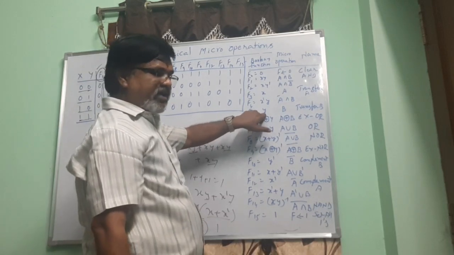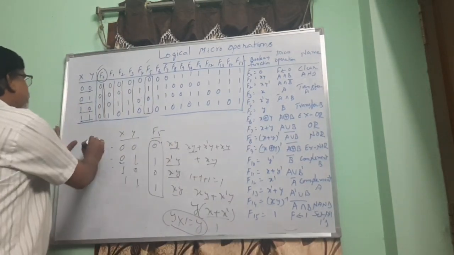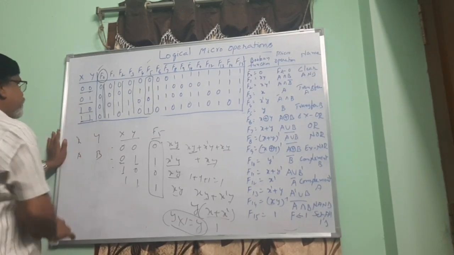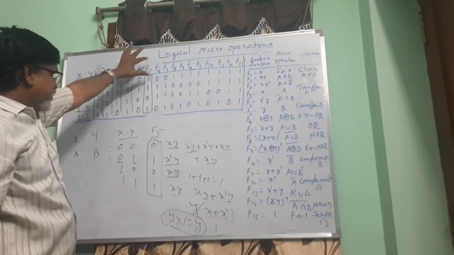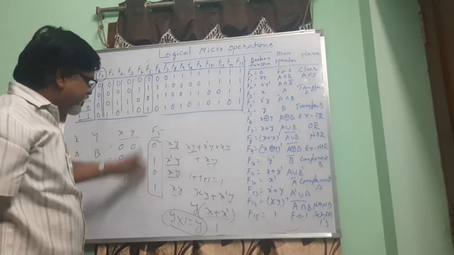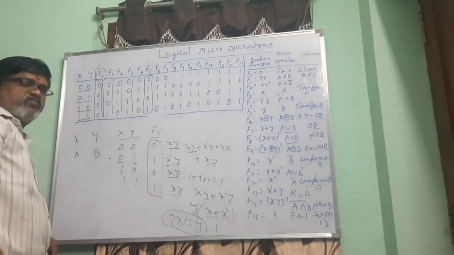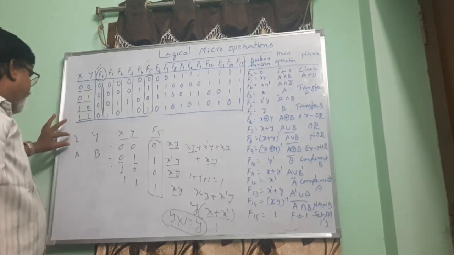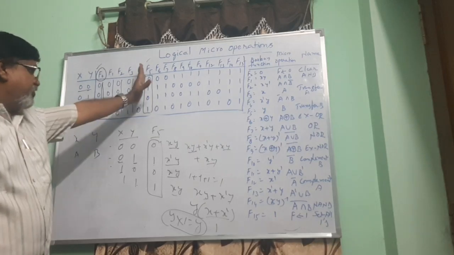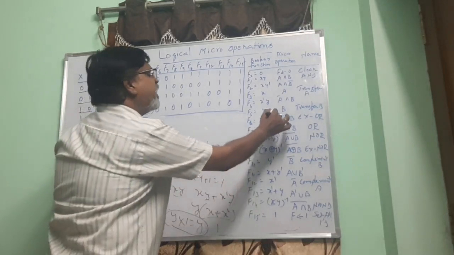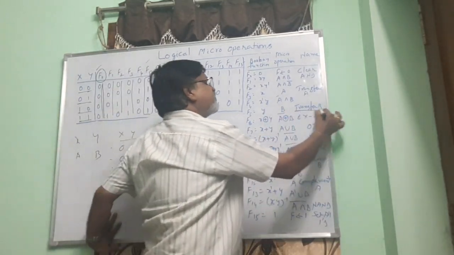Y stands for input B and x stands for input A. I have taken F5 as an example; you can do the same process for any Boolean function. So for the Boolean function F5, the output is y, that means B. Simply a transfer of B.